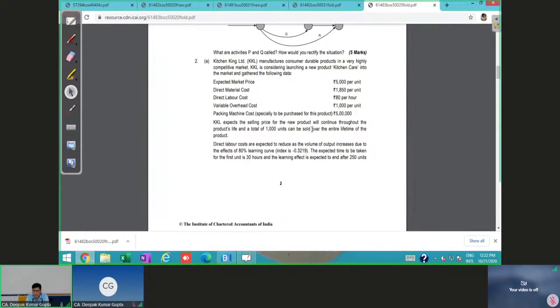Expected market price 5,000 per unit, direct material cost 1850 per unit, direct labor cost rupees 80 per hour, variable overhead cost 1000 per unit. Packing machine, specially to be purchased for this product, costs 5 lakh.